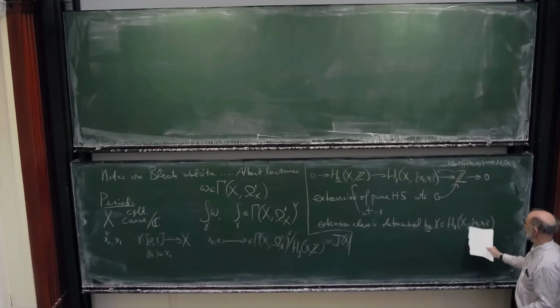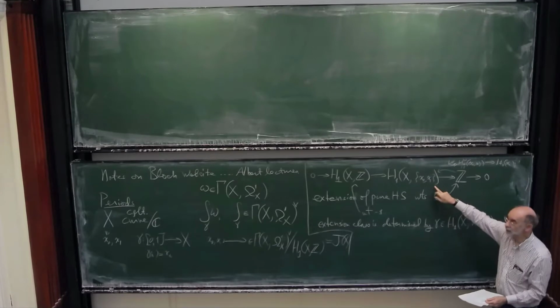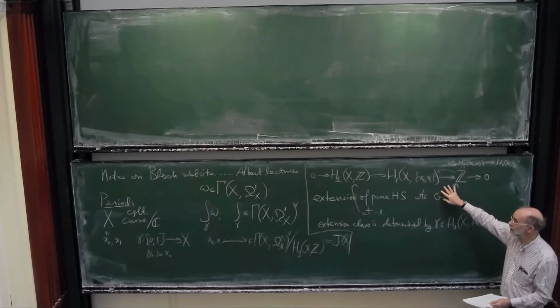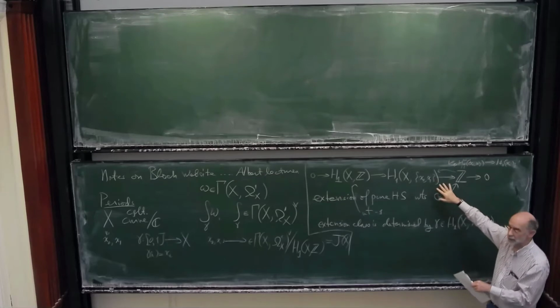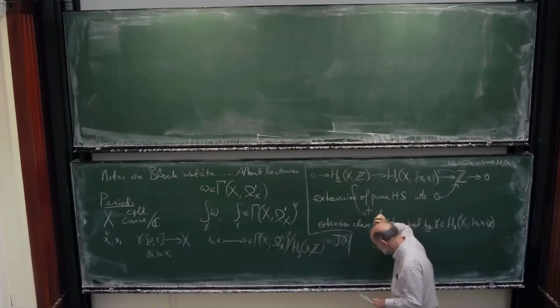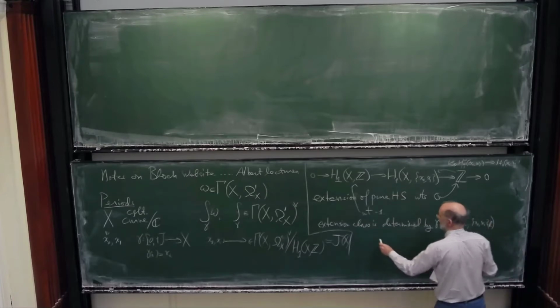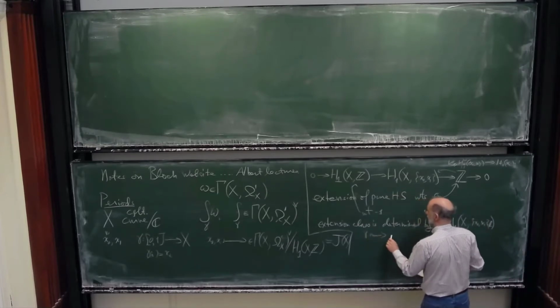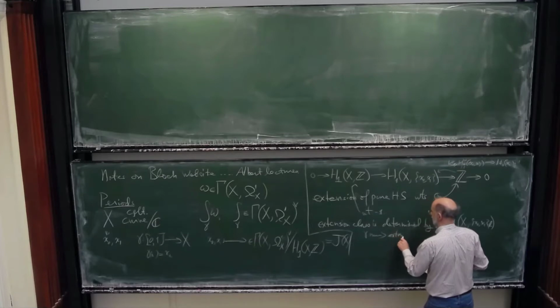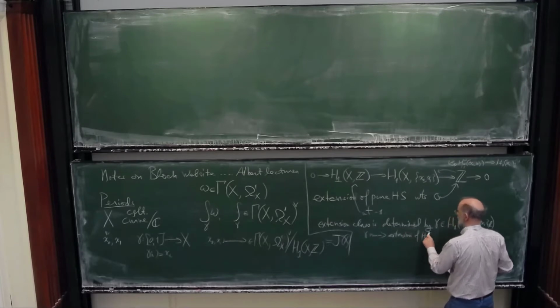It's a Z class, I should say, which splits this map. So it determines a rational splitting, and I won't go through the whole song and dance, but from that rational splitting, you find an element that determines the extension of Hodge structures, so this gamma essentially gives you an extension of Hodge structures.